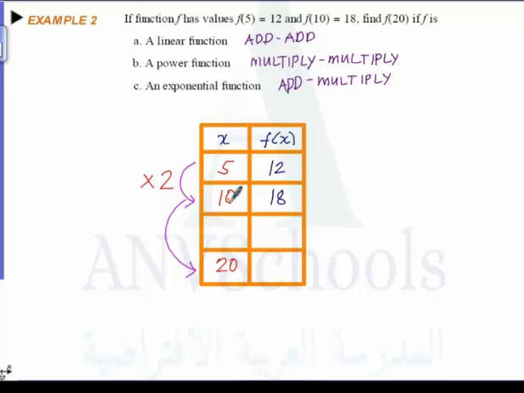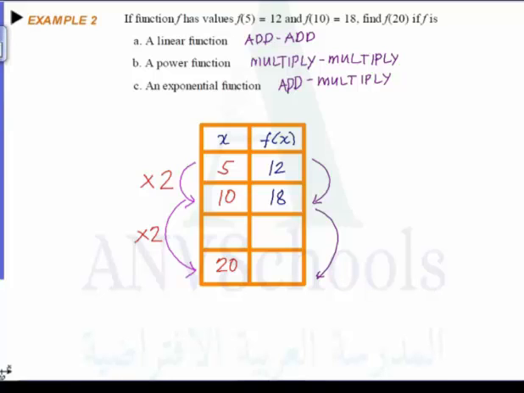So the corresponding x value became 20. Now to our right we have 12 to 18, then that would be a ratio of, if we divide both by 6, 3:2, so it's 1.5.